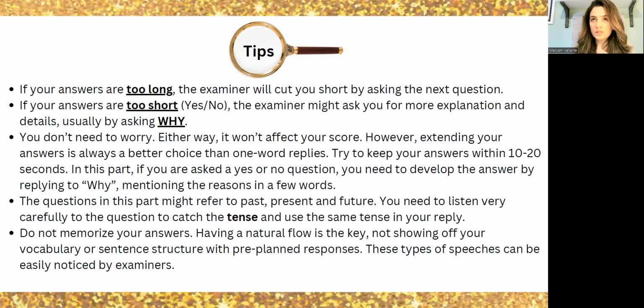Because if you stop here and say, "I love hot summer days," and then period, the examiner will ask you why. So before the examiner asks you that, you need to include it in your answers.